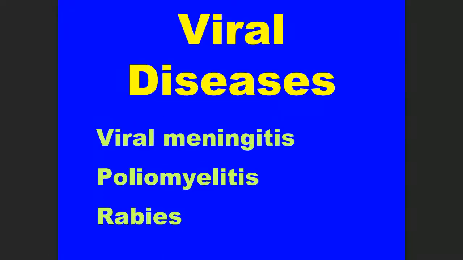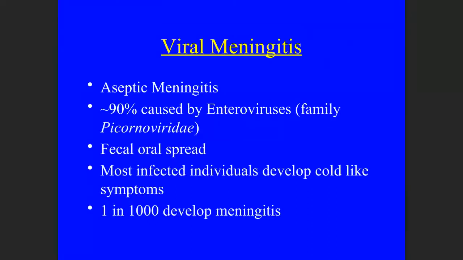Okay, so let's talk about some viral diseases of the nervous system. And we're going to talk about viral meningitis, which is rare, but it does happen, polio, and rabies. So viral meningitis. So first thing is that viral meningitis is very rare.